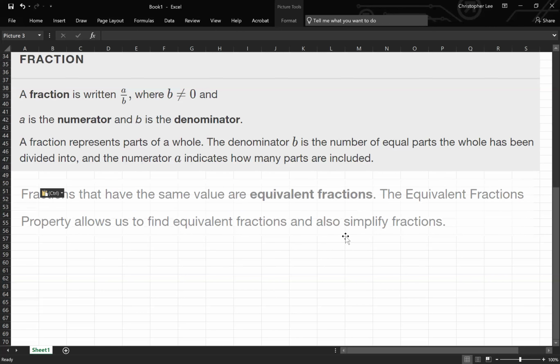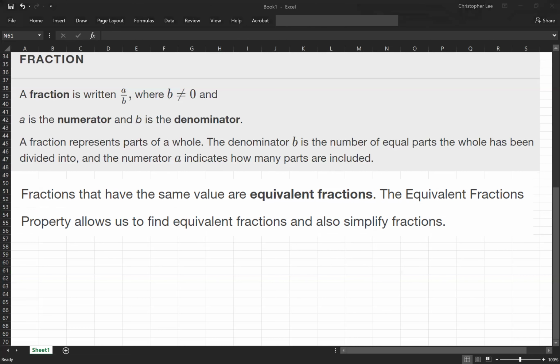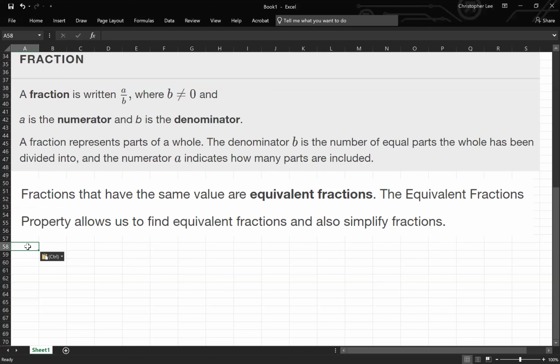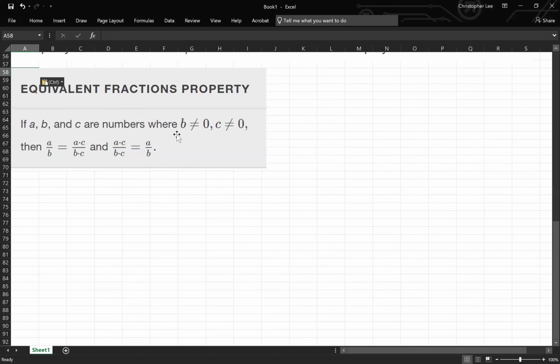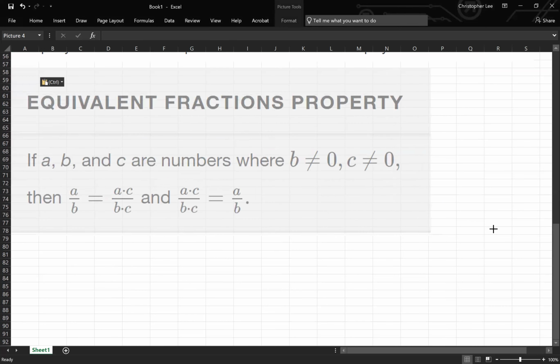So fractions that have the same value are equivalent fractions. The equivalent fractions property allows us to find equivalent fractions and also simplify fractions. I'm going to get a little theoretical on you, just a little bit. It'll all make sense towards the end.